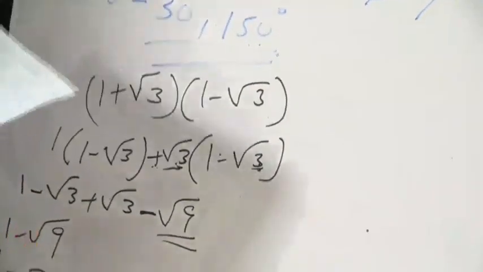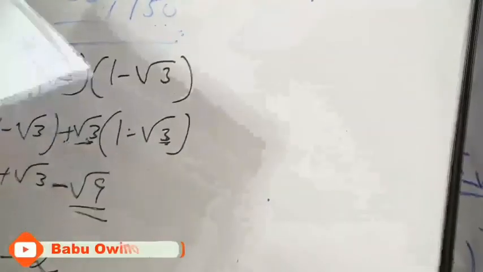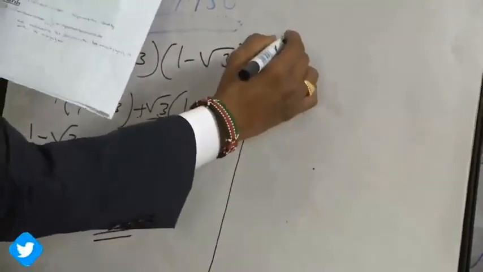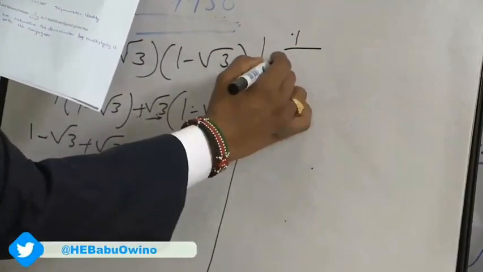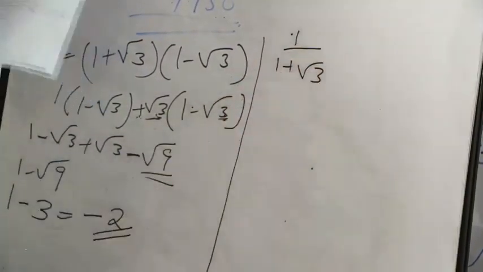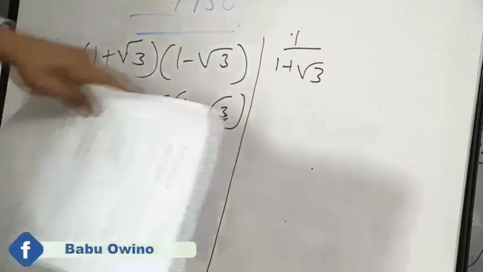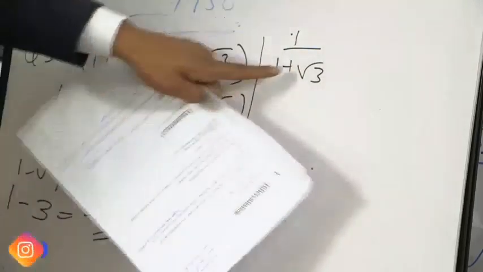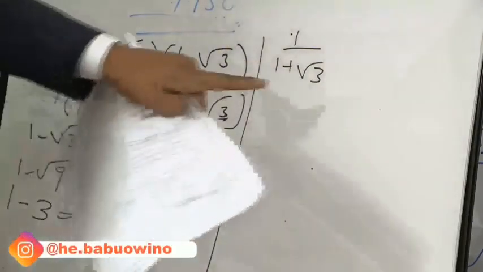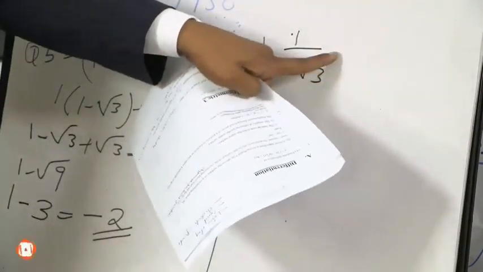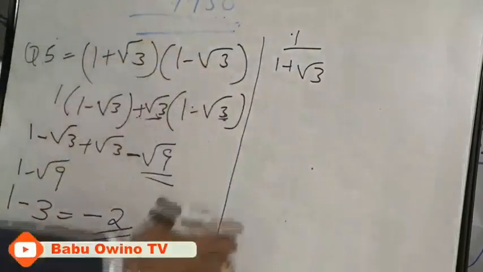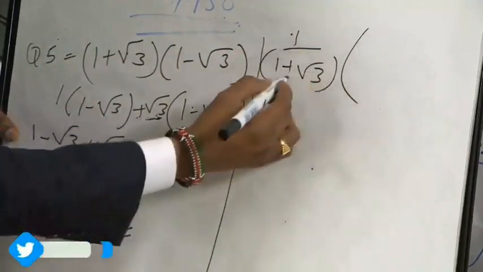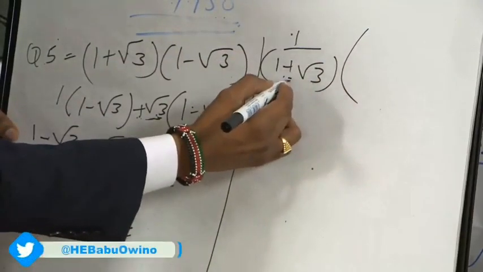Then you are told to simplify this and hence evaluate 1 divided by 1 plus root 3. So when you are told to evaluate this, number 1, rationalize the denominator by multiplying this value with its conjugate. The conjugate is just the same value but with the sign changed.